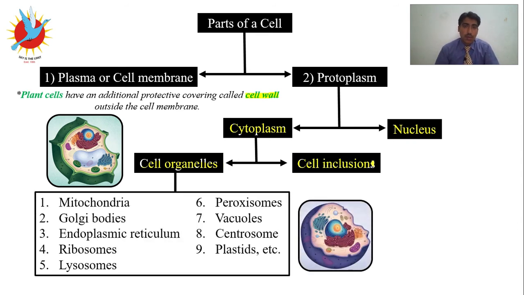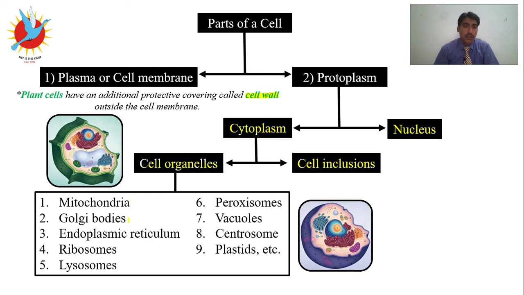So cell organelles. What are cell organelles? Cell organelles are special parts of the cell that perform various different functions for the cell. They are helpful in the metabolic activity of the cell. Just like mitochondria, known as the powerhouse of the cell.